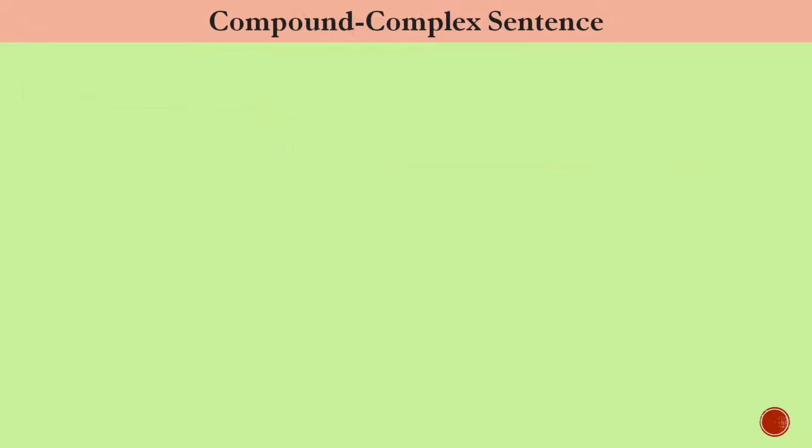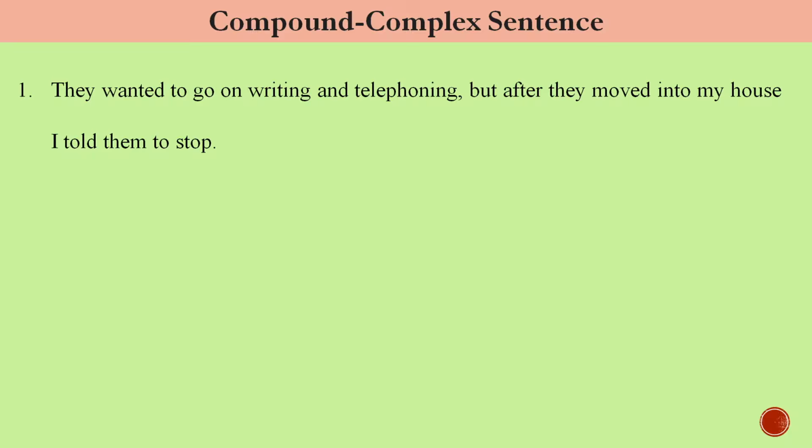Now let's move on to the compound complex sentence. Let's have a look at number 1. They wanted to go on writing and telephoning, but after they moved into my house, I told them to stop. If we look at the structure, they wanted to go on writing and telephoning is an independent clause. And we have another independent clause: I told them to stop.